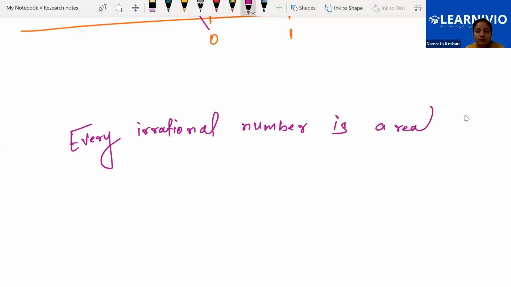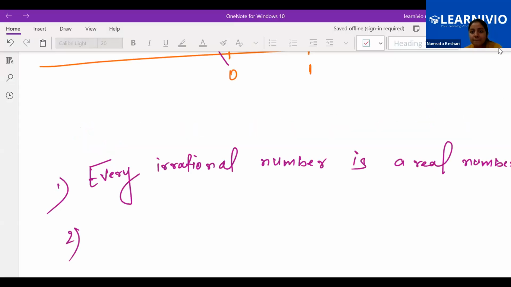Is it so? Yes or no? It is false, right? Or is it true?